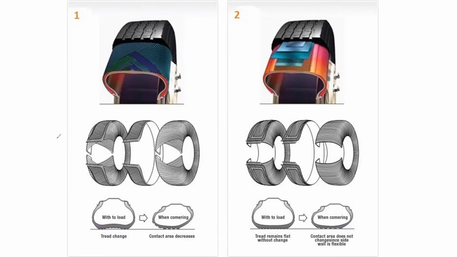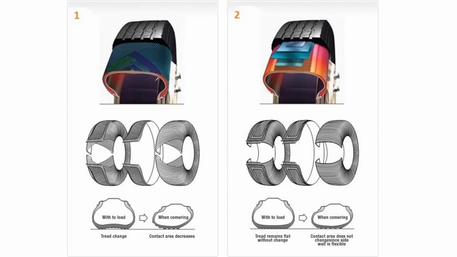Now because of that we have these radial ply tires which do not deflect that much. The tire wall, the size of the tire, everything affects this.